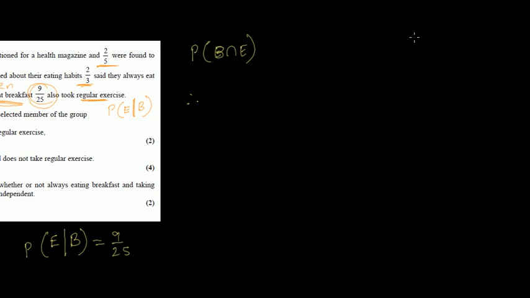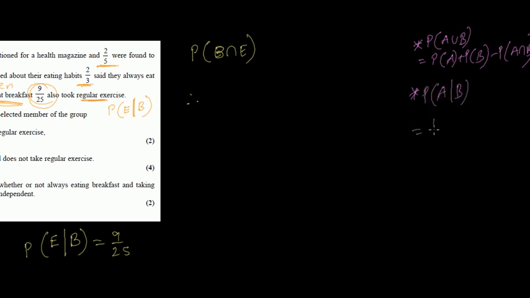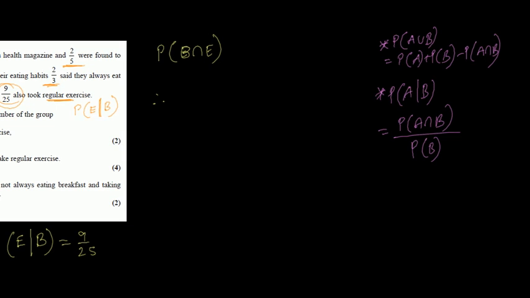When you do these types of sums, the probability formula for A union B is probability of A plus probability of B minus probability of A intersection B. The formula for A conditional B is the first one intersection the second one divided by the second probability. So these are the probability formulas that we need.